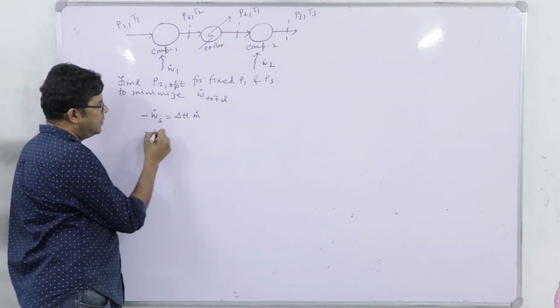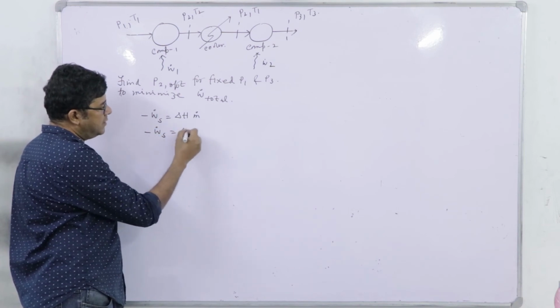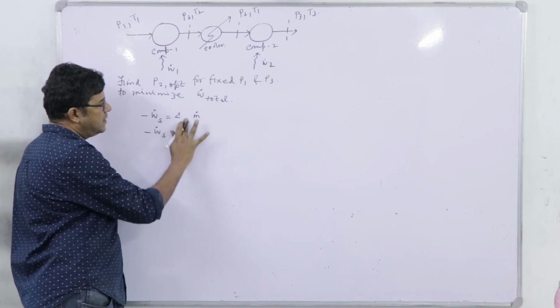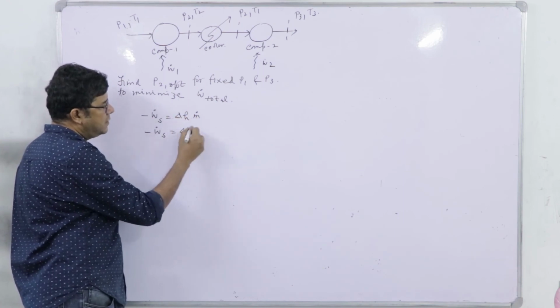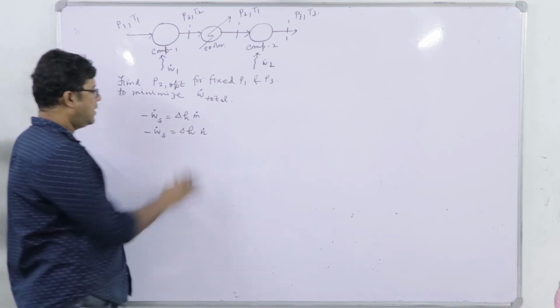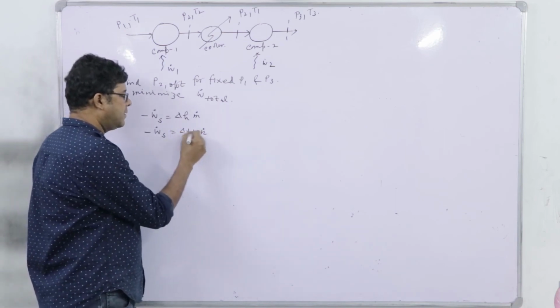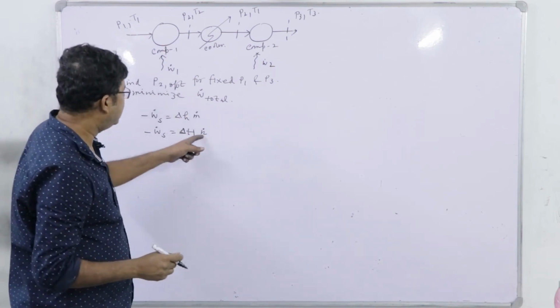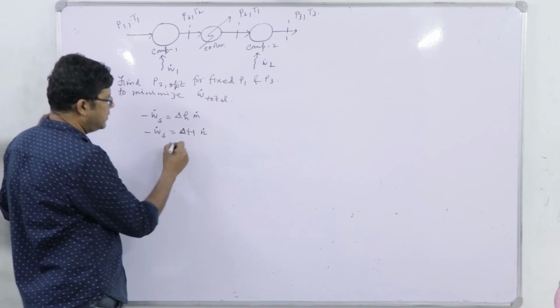Right. So minus W dot S is equal to delta H, or delta small h, into N dot. This capital is molar, this small is per mass, the specific enthalpy, and here this is the molar flow rate.